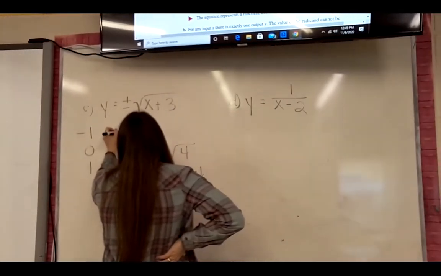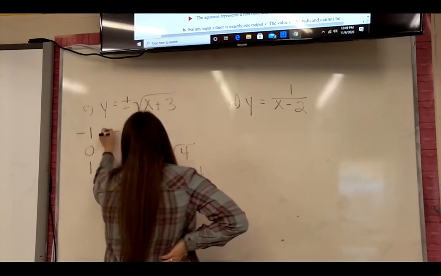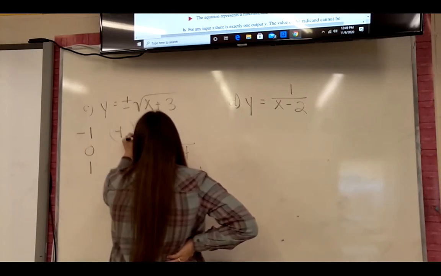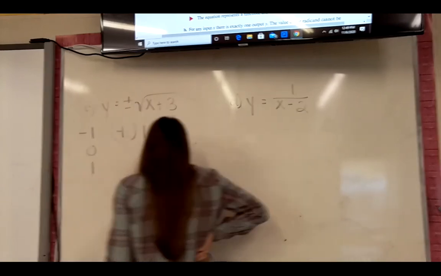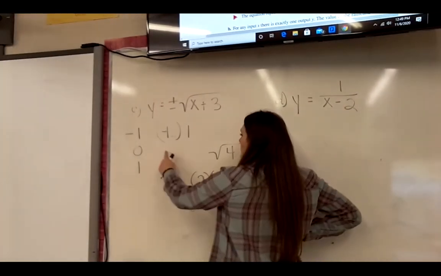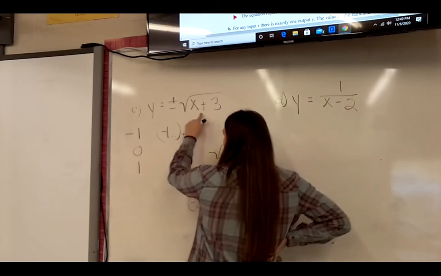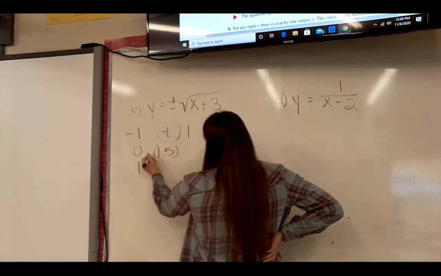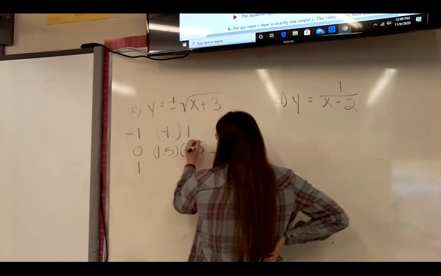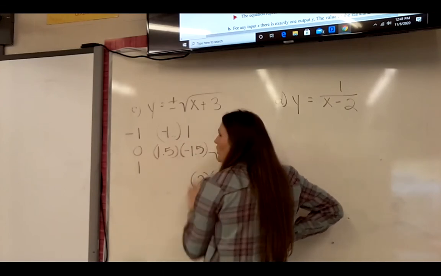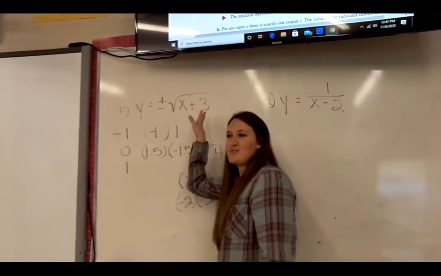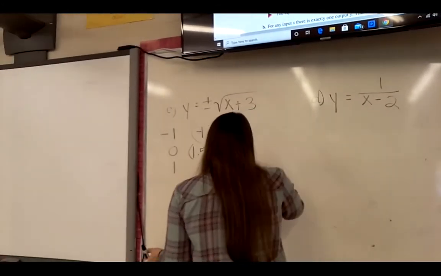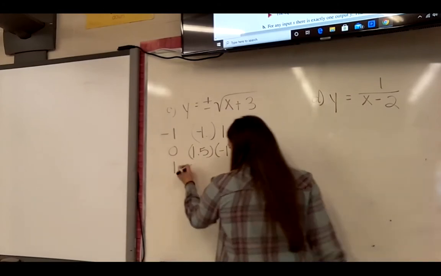So that would be 1 point something, but we have negative 1 and positive 1 is what I was getting at. My bad. 0. We would get 3. Square root of 3 is like 1.7, so we would have 1.7 and negative 1.7. And then 1. Let's do one that works out nicely. 1 plus 3 is what? 4. Plus minus square root of 4 is 2 and negative 2.